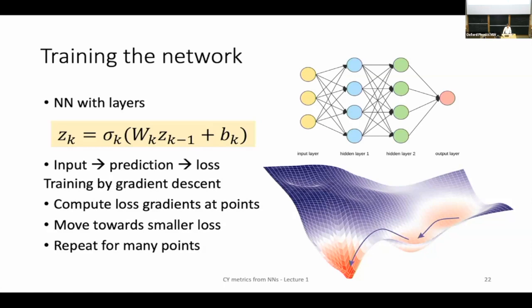And then we have the activation functions, which give us the nonlinearities in the network. So what we'll do then is that we want to compute loss gradients at the points that we are feeding into the network, and then we want to move towards a smaller loss. So we want to update the parameters, so these weights and biases, so that we are going to smaller loss. And then we want to repeat that for many points and hopefully have a good prediction that works in every point.